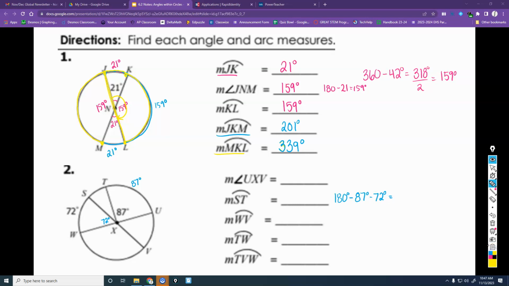Because what we're looking at here, if I go from here all the way to over here, that's the diameter of a circle, right? So that's half of our circle. That has to add up to 180. This whole thing right here has to be 180 degrees. So since you already have 2 of those pieces, you could just subtract them from 180. What do we get whenever we do that, William? 21? So this angle right here is 21 degrees, meaning that the arc would be also 21 degrees.